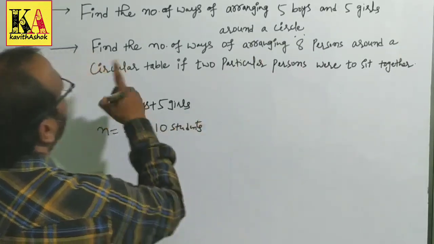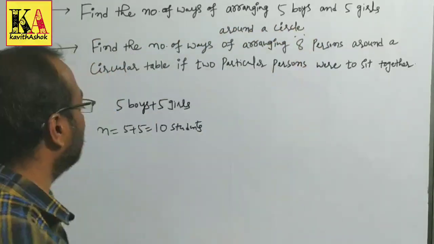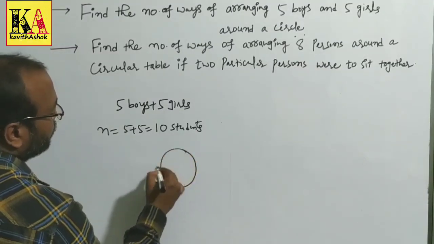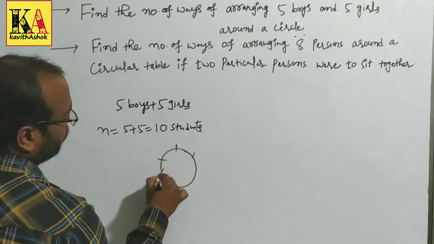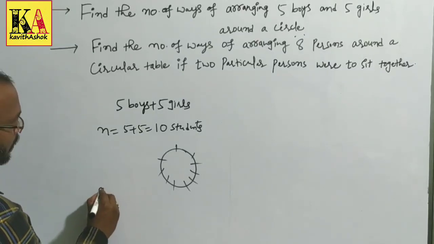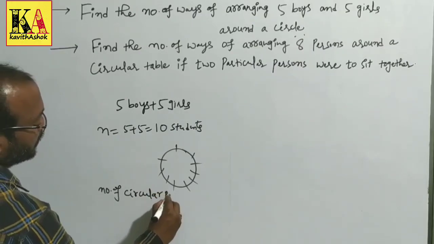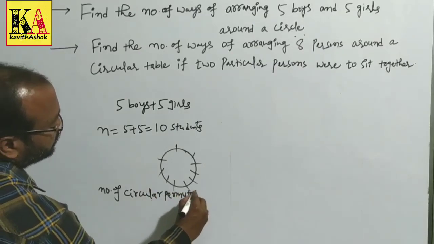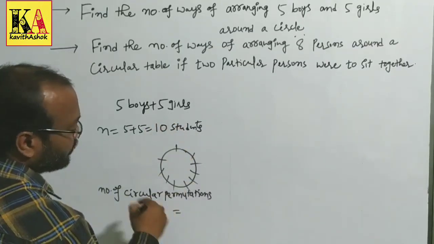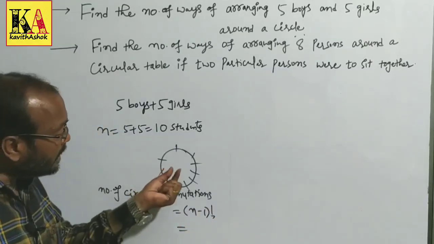We want the number of ways of arranging 5 boys and 5 girls around a circle. Whenever we are arranging in a circle, the number of circular permutations, instead of n factorial, is n minus 1 factorial, because one of the positions is fixed.